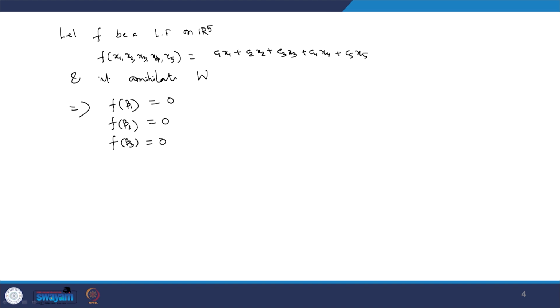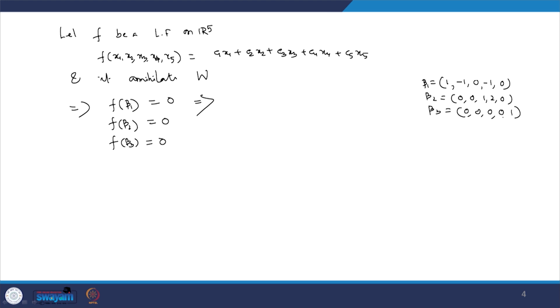So, beta 1 equal to (1, -1, 0, -1, 0), beta 2 is equal to (0, 0, 1, 2, 0) and beta 3 is equal to (0, 0, 0, 0, 1).